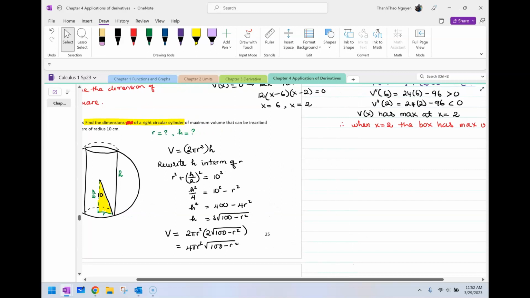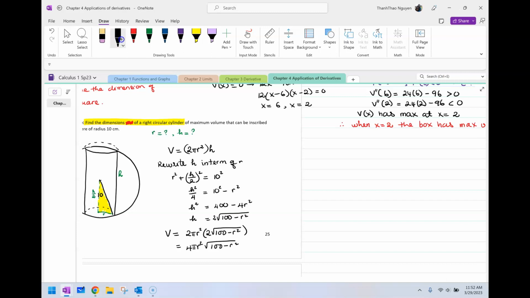Okay. Next I will find the V prime. Calculate the first derivative of V in terms of r. This then equals 800 pi r minus 12 pi r to the third, divided by square root of 100 minus r squared.